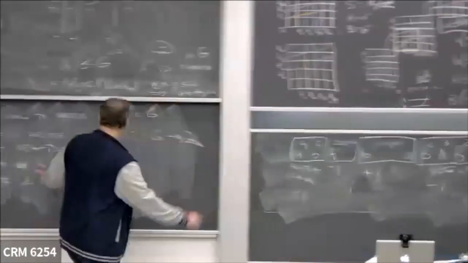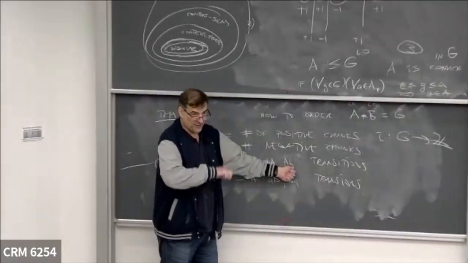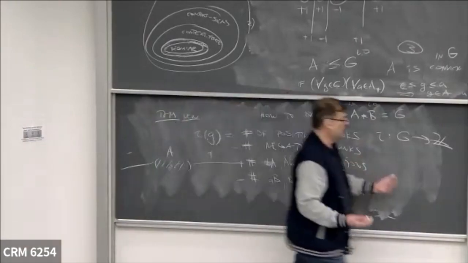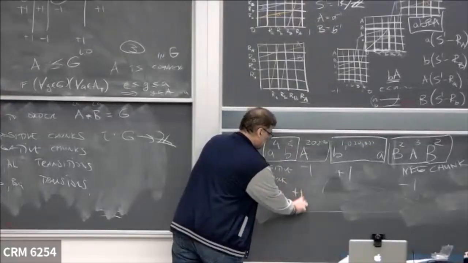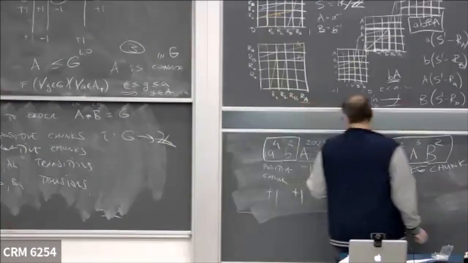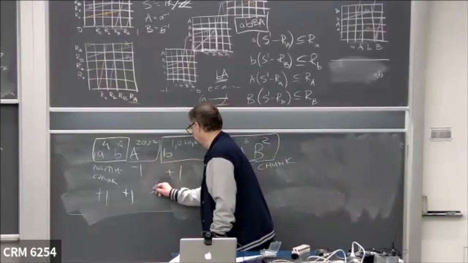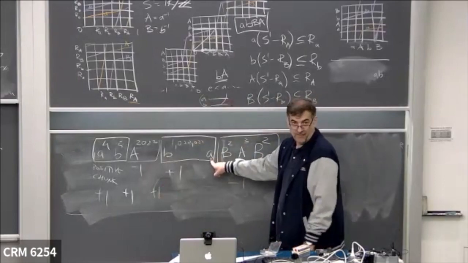BA, this kind of transition, is easy. Transitions that involve a positive element from B and a negative element from A are counted as +1. The transition here also involves a positive element from B and a negative from A, so that's also +1, and here it's a -1.